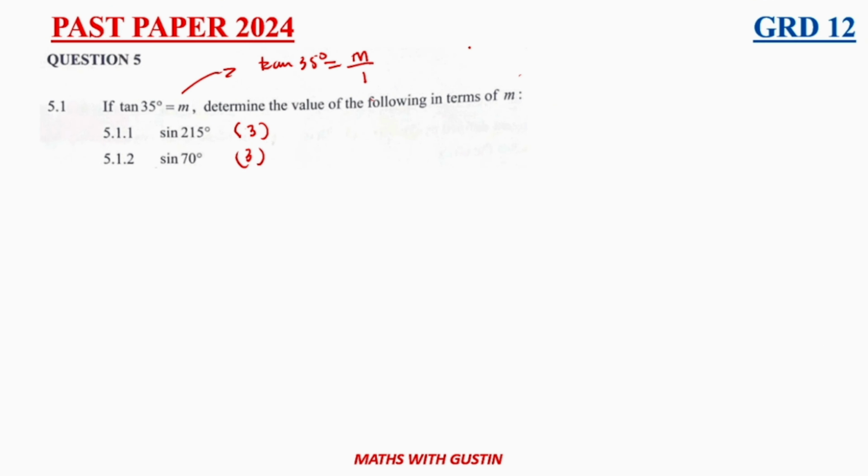We know that tan is opposite over adjacent, if you remember from SOHCAHTOA. Let's go ahead and draw the diagram and try to answer this.